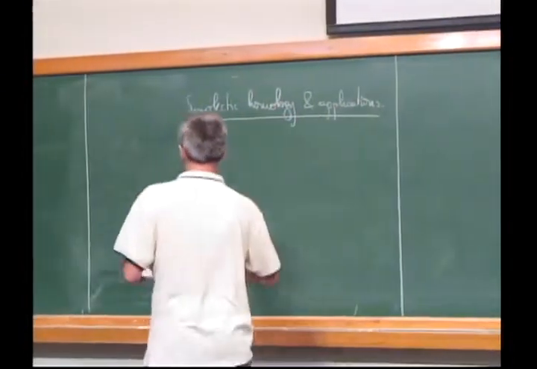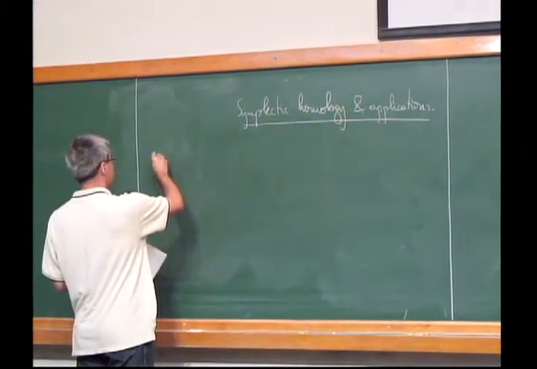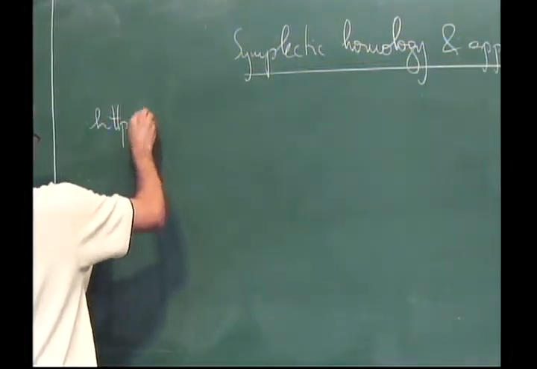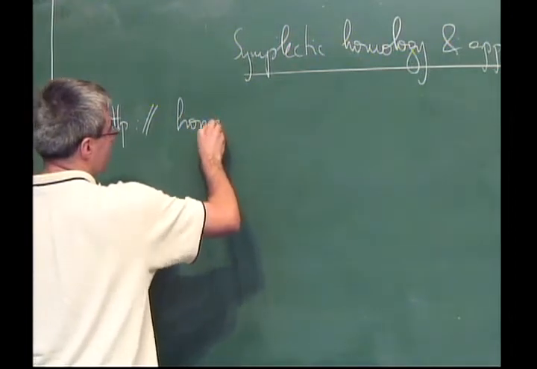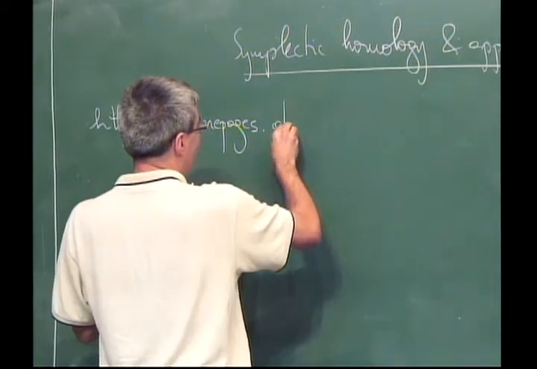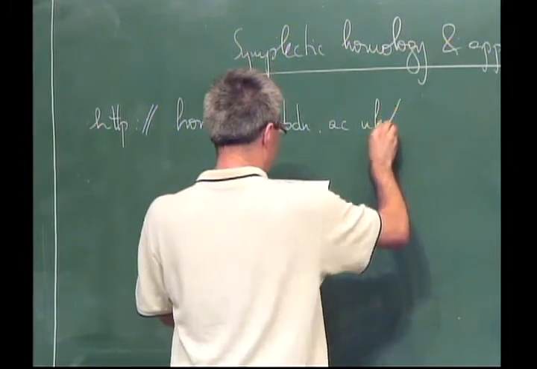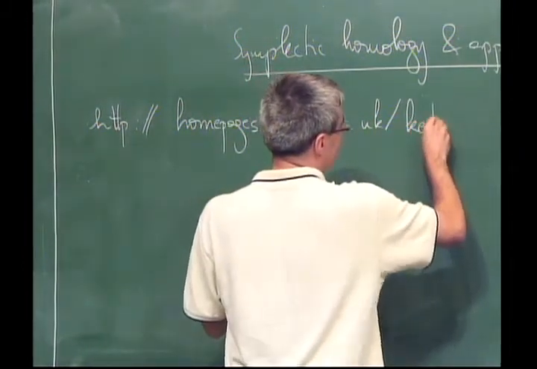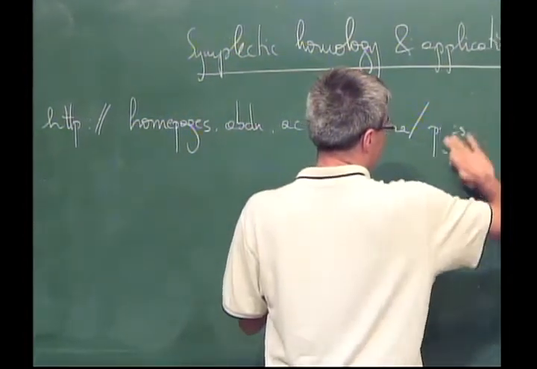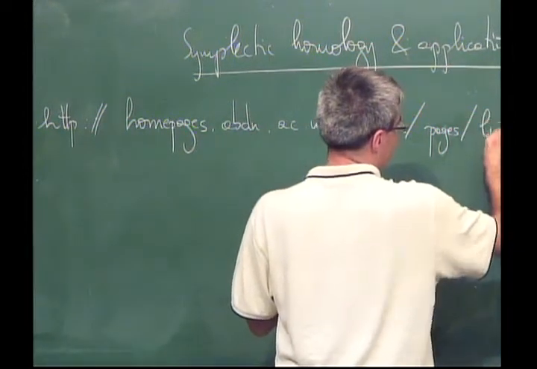So Mihai said that I would indicate some web address for some lectures. So that's HTTP, homepages, .abdn, like Aberdeen, ac.uk, Kedra, that's Jarek Kedra's pages, LMS, right?